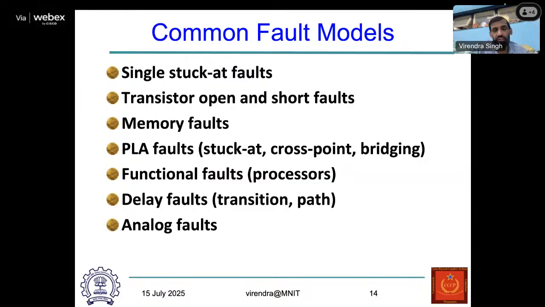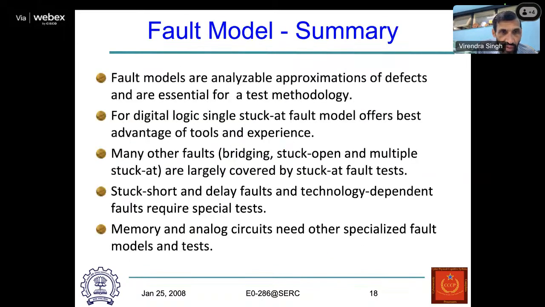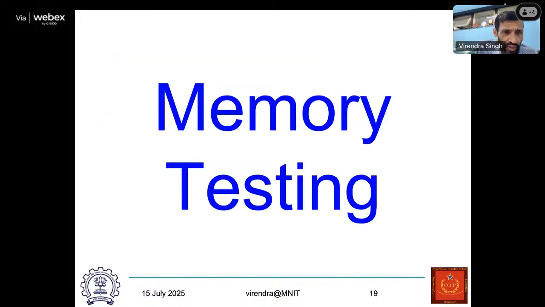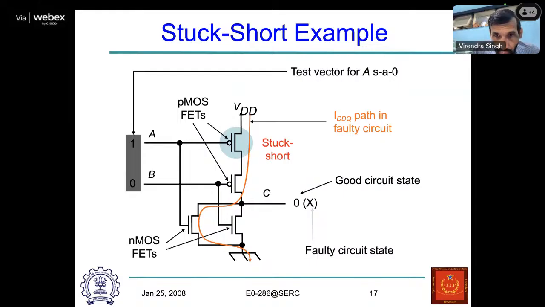So that's a too expensive exercise. Maybe I can skip this part. So these are the various fault models that we have discussed. We can go in a more elaborate way in due course of time.